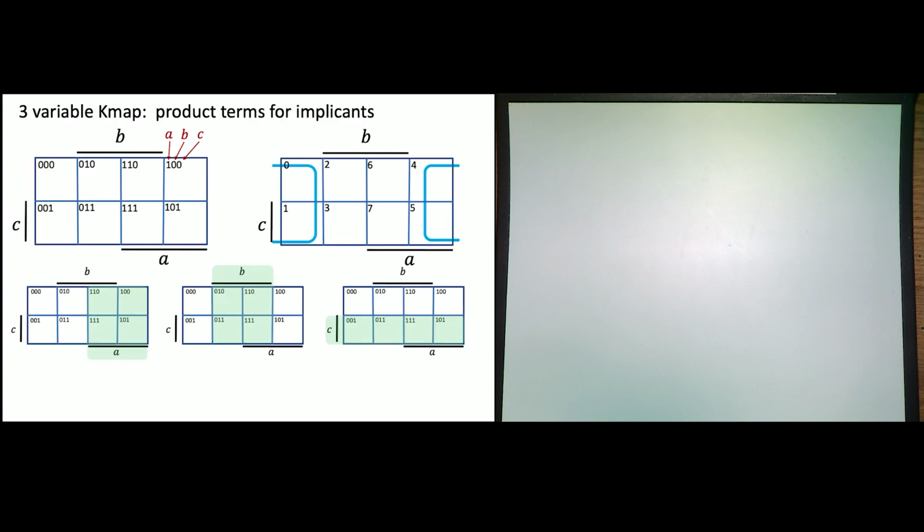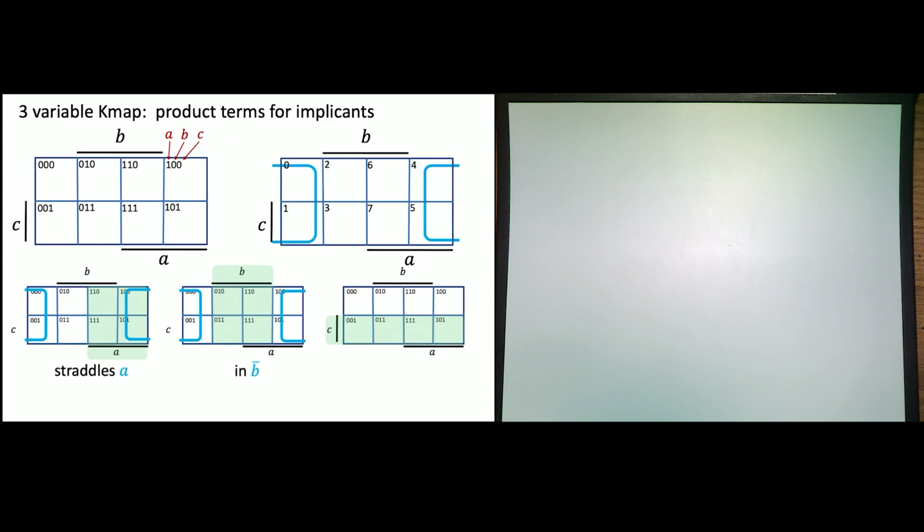Is it in A? Is it in A bar? No. It straddles A, so A will not appear in the product term. Is it in B? Is it in B bar?